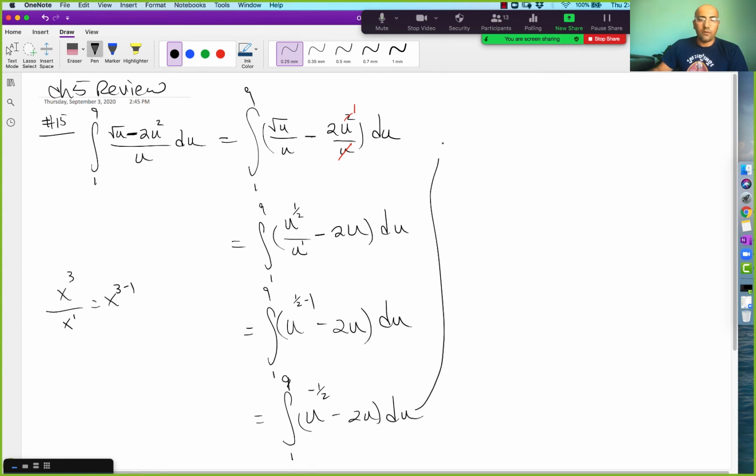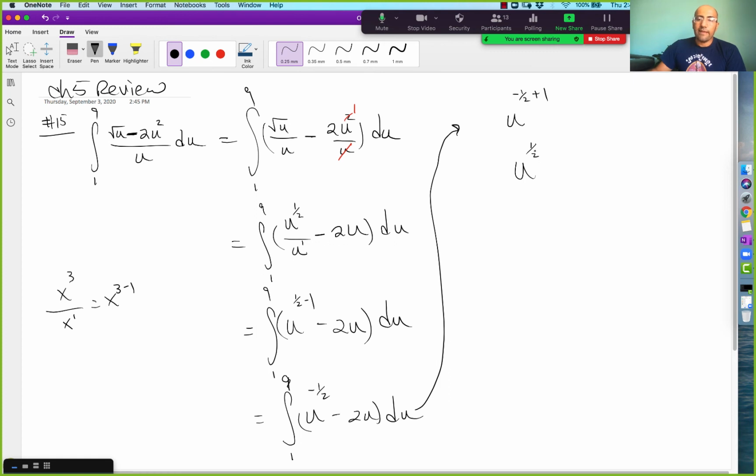Good. And now we can apply our antiderivative rules. So we know that this is going to be equal to u to the 1/2 power. Negative 1/2 plus 1, right, so I know there's going to be a 1/2, and it's kind of a guess and check situation. I need to find some function whose derivative equals this, and the constant is 1, so this is going to be u to the positive 1/2 power.